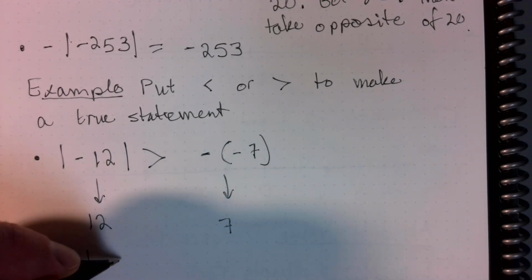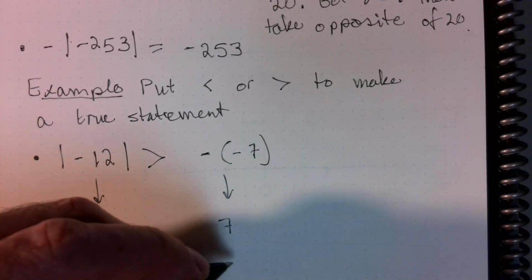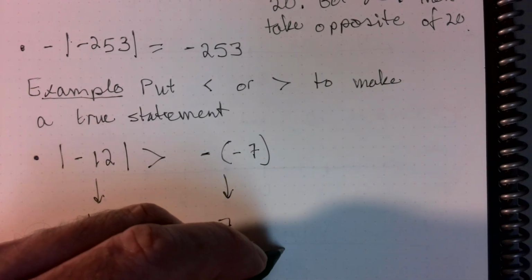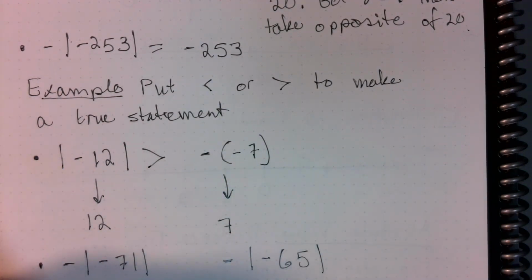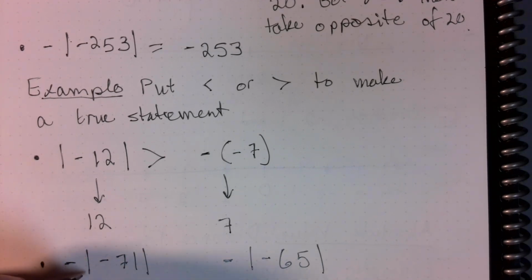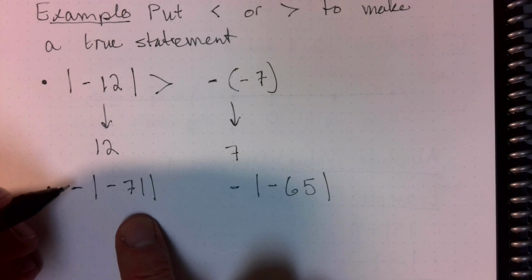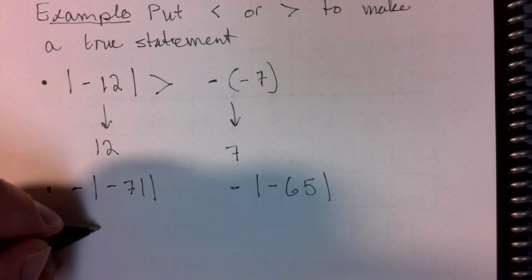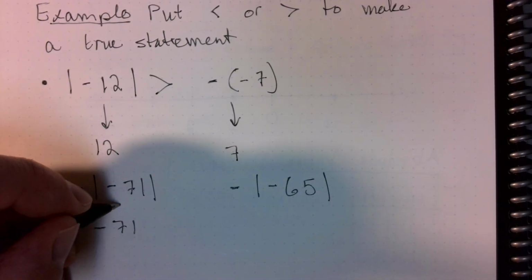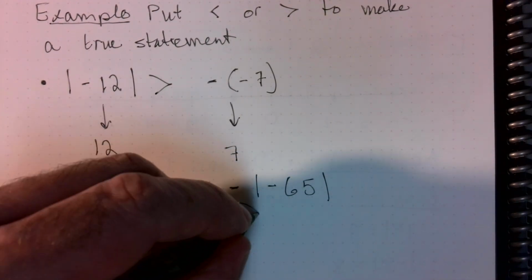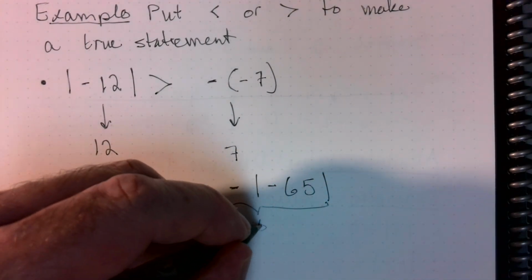Negative of the absolute value of negative 71, and we'll compare that to negative of the absolute value of negative 65. Okay, let's see what we get here. The absolute value of negative 71 is 71, and then we have a second negative, so what we end up with there is negative 71. Down here, negative 65.